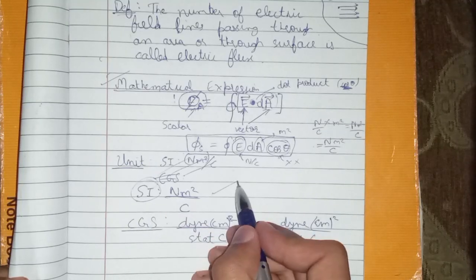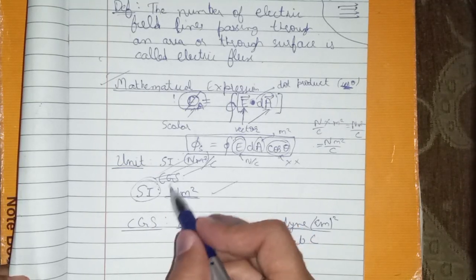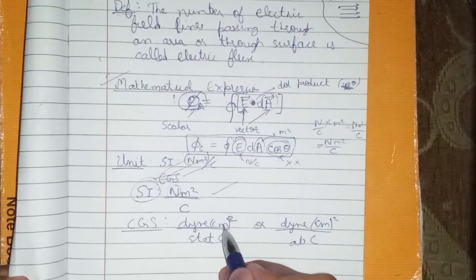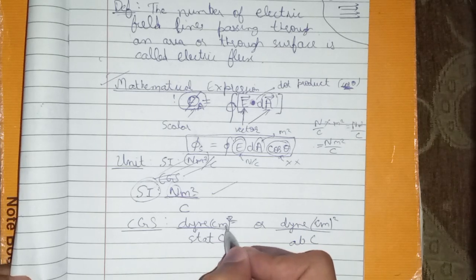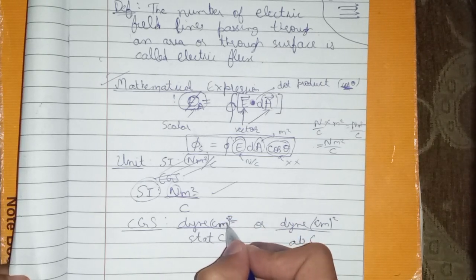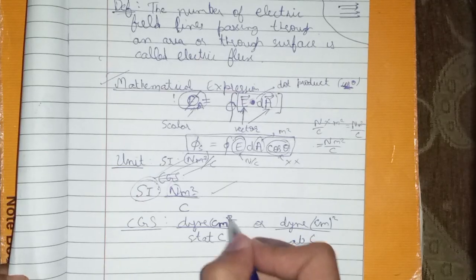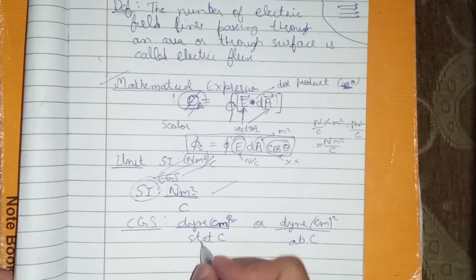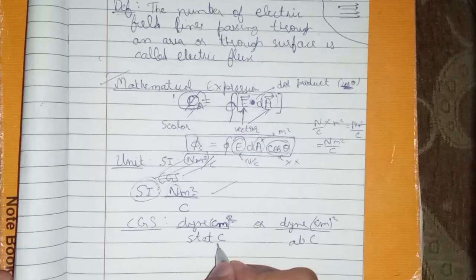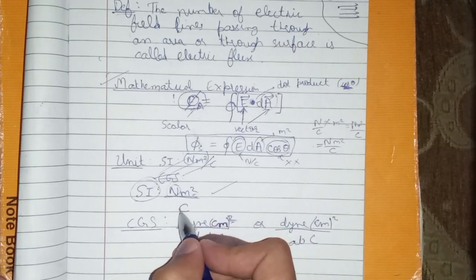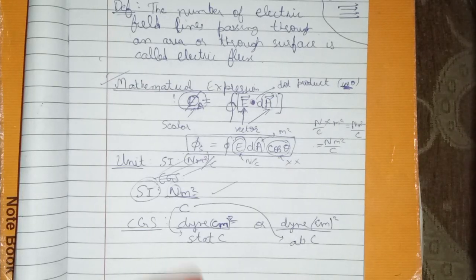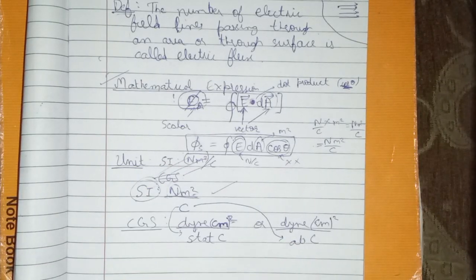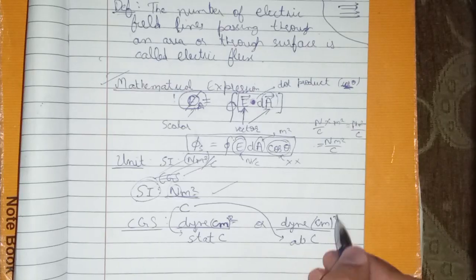That's the SI unit. For CGS, just convert Newton into dyne, meter into centimeter, whole square of centimeter. I used these brackets just because centimeter comprises two letters and may be confusing to some. Coulomb into stat coulomb, and coulomb in CGS units also has an equivalent, ab coulomb. So dyne centimeter square by ab coulomb.